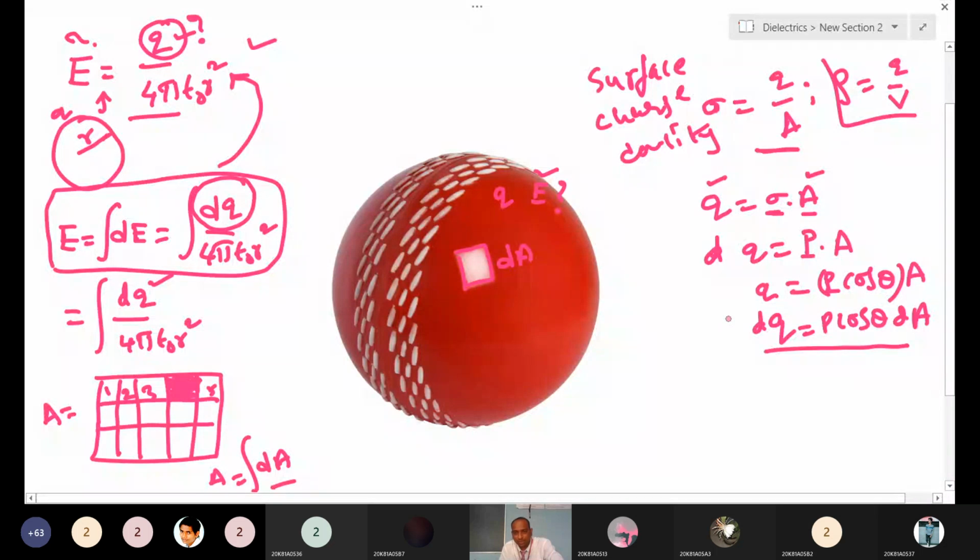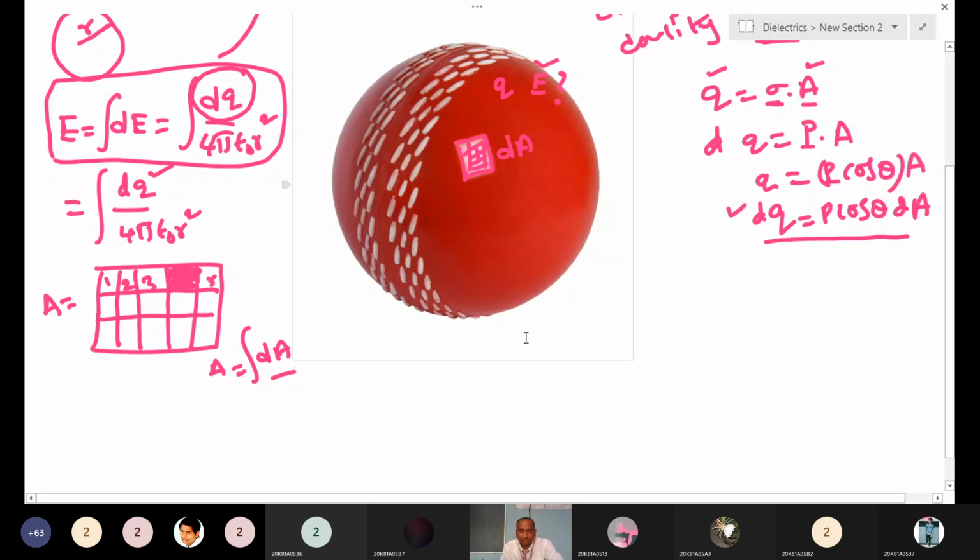If you want to estimate dq, you have to estimate the area element dA. We are taking a small area on the spherical cavity and integrating it, instead of measuring the total. That is what we did yesterday and we are going to do the same thing today.